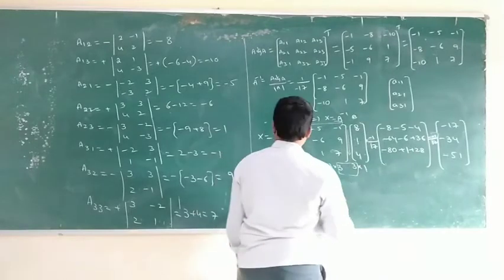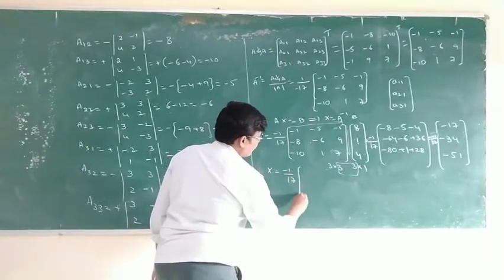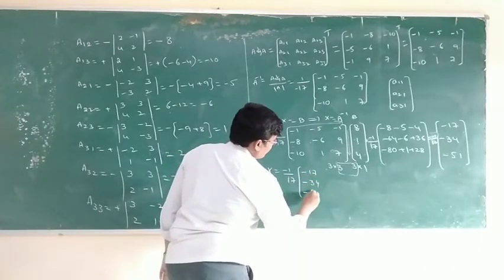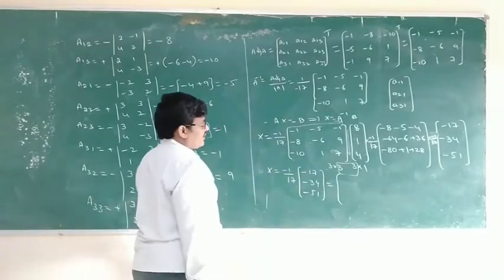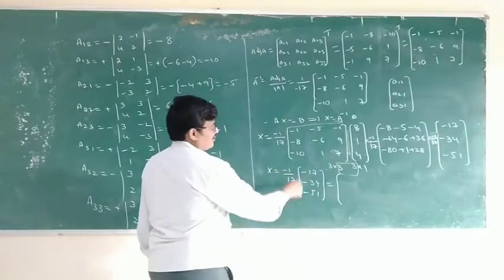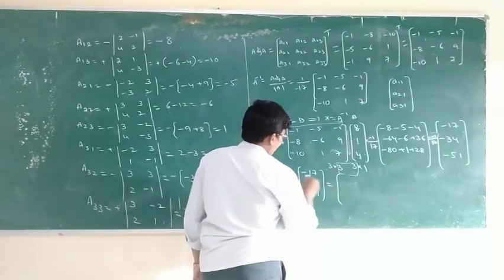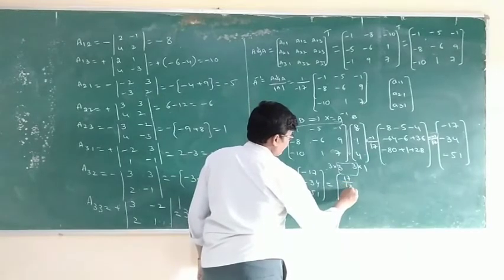So finally, what is the X matrix? Minus 1 by 17 into minus 17, minus 34, minus 51. So that is equal to multiplying each element by minus 1 by 17.